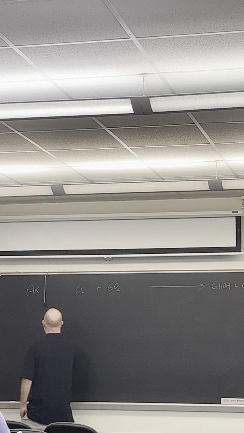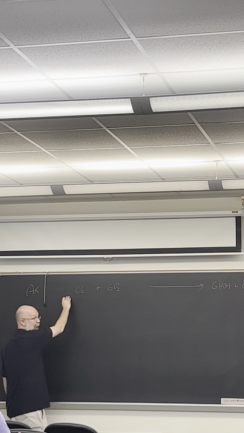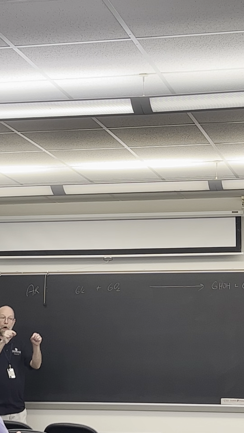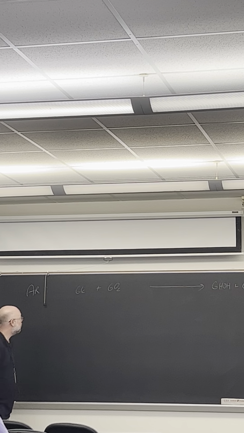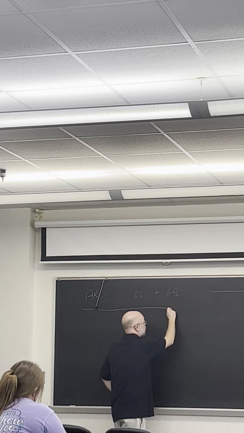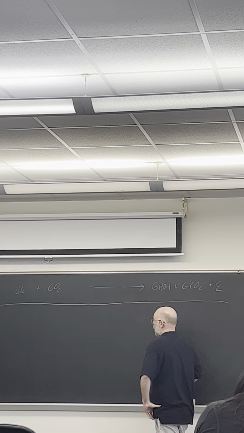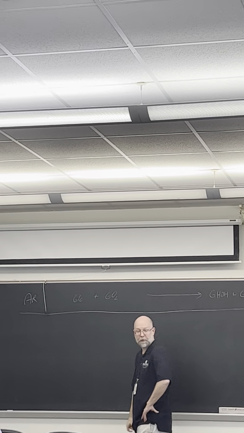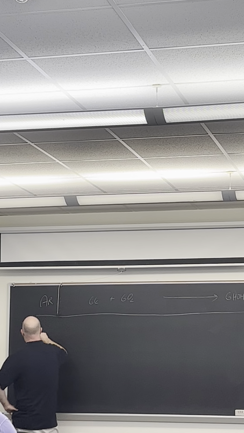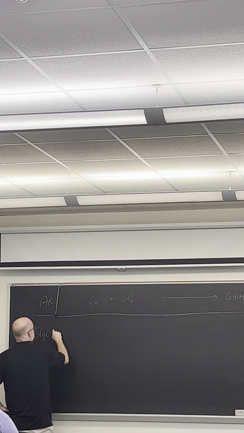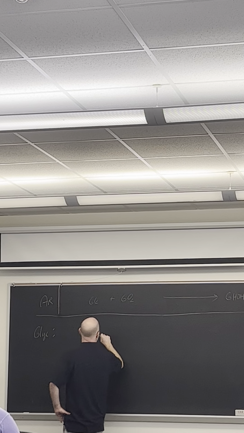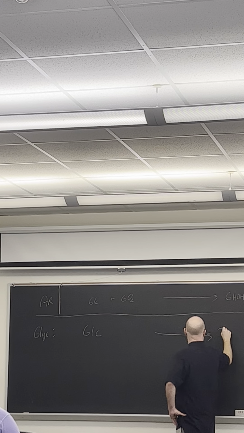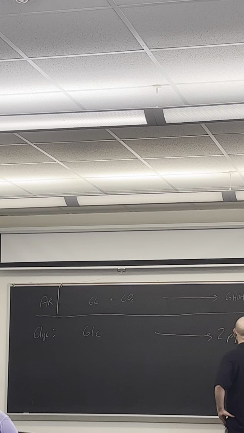So I do sometimes ask about the overall chemical reaction, but I also spend time asking about the sub-reactions. Right? And we said glycolysis is going to be glucose to 2-pyruvate plus energy.